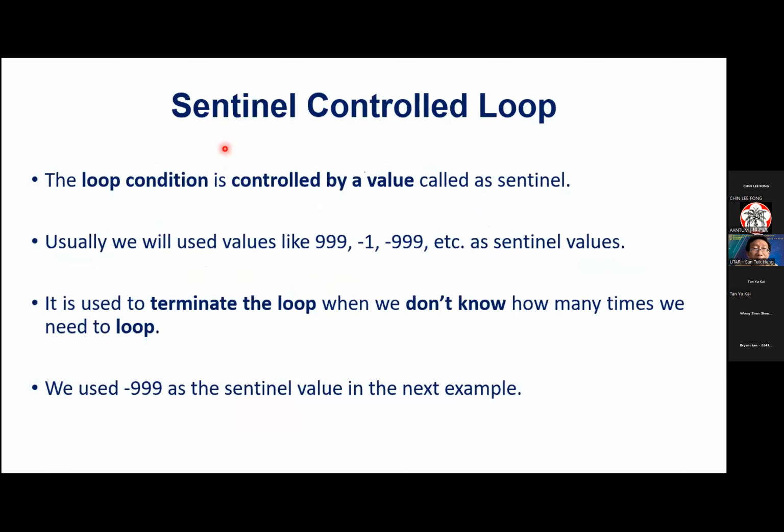The next one we look at is the sentinel control loop. For a sentinel control loop, we make use of a special value, for example 999, minus 1, or minus 999. This type of special value is known as a sentinel value. When the loop encounters these sentinel values, then the loop will terminate.